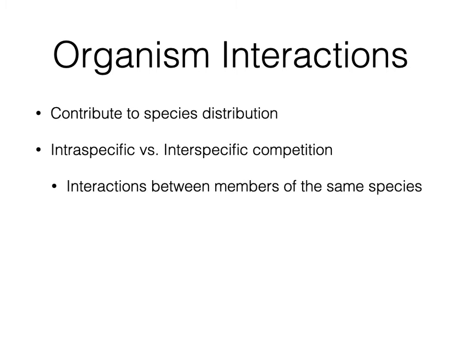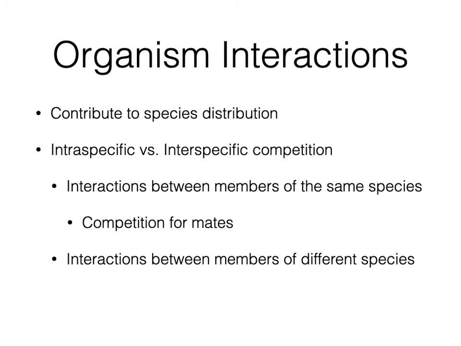Intraspecific competition are interactions between members of the same species. So we can talk about things like competing for mates or competing for food amongst members of the same species. Versus interspecific competition, which is competition between members of different species. And so the interactions that we observed with Cathalamys and Balanus barnacles, that's an example of interspecific competition, because they're two different species and they're interacting with each other.